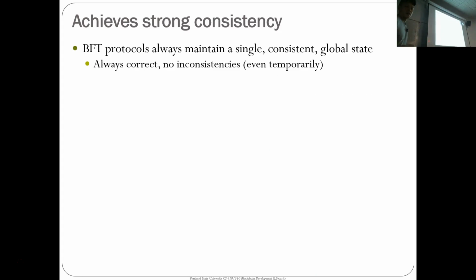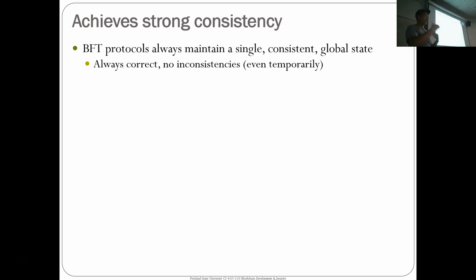Okay. So one of the things about this protocol is that these Byzantine fault-tolerant protocols always maintain a single, consistent global state. It's always correct, and everyone always gets the same state. And so there are no inconsistencies allowed in terms of one person has one state and one person has another, and eventually they'll reconcile.